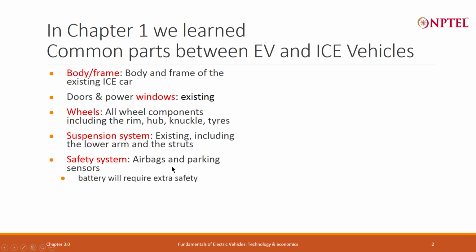Safety systems, airbags, parking sensors, all those things will be similar, except now you have to worry about battery safety. Well, in early days, as I told you, you had to worry about petrol safety, but now you have developed good tanks, the way the petrol moves, it is well protected, petrol getting lighted up and creating fire is unlikely.